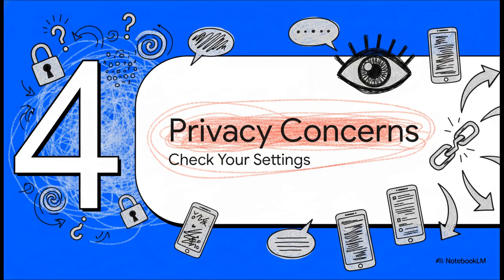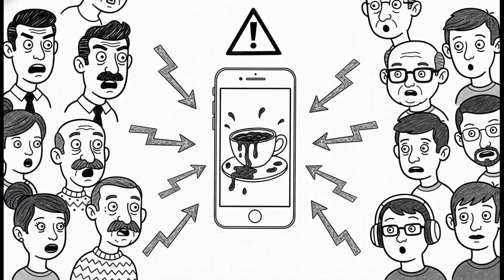Which brings us to something absolutely crucial: critical privacy concerns. Whenever a massive platform changes how we share content, there are going to be growing pains. And the default settings on Instants have sparked some very serious online conversations that you definitely need to be aware of, so listen up. By default, Instants shares your photos with all mutual followers.